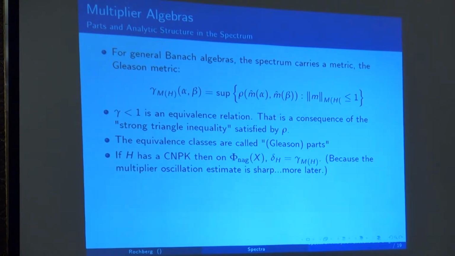They're the same because of that extremal problem I described earlier for multipliers: given a multiplier of norm 1, maximize the pseudo-hyperbolic distance between two domain points. That extremal problem has an estimate, the estimate is sharp, and the extremal functions can be described. That's enough to get that gamma, the Gleason metric, is equal to delta sub H, where they're both defined.